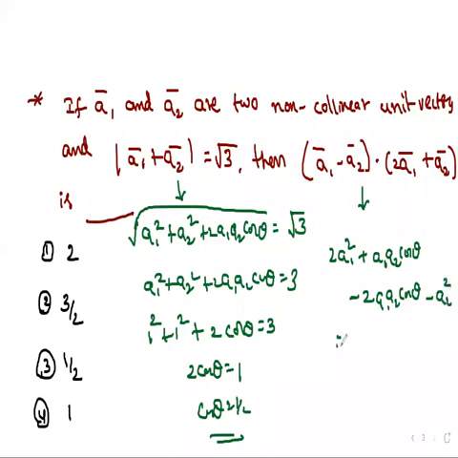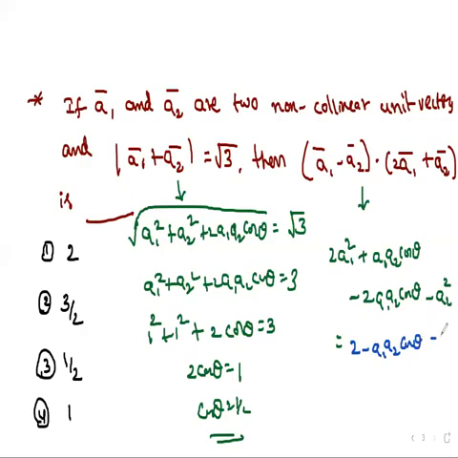We know that a1 is a unit vector, so the unit vector square will be 1. So the factor here is 2. And then a1 a2 cos theta minus 2 a1 a2 cos theta. What is the answer? Minus a1 a2 cos theta.